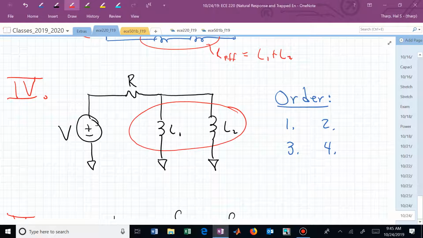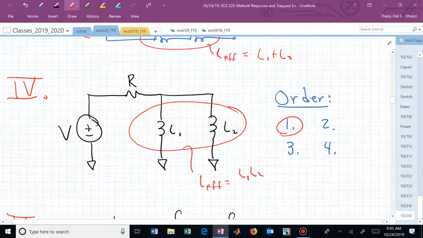They share 2 nodes, and in this case, the effective energy storage is just one element with L effective, L1 times L2 over L1 plus L2. This is now first order. If you combined all of those into a single effective inductor, you would now have an RL circuit, which is what we will be analyzing shortly, or an RC circuit.